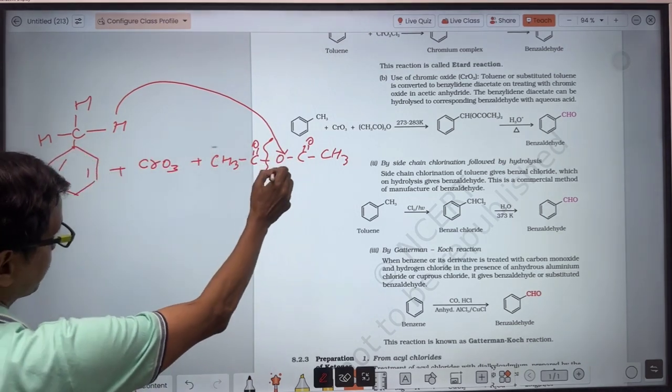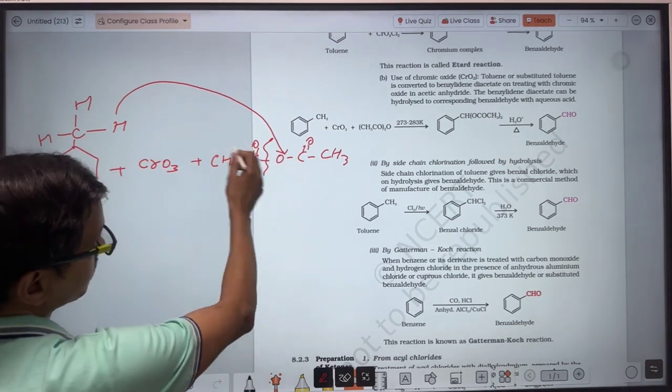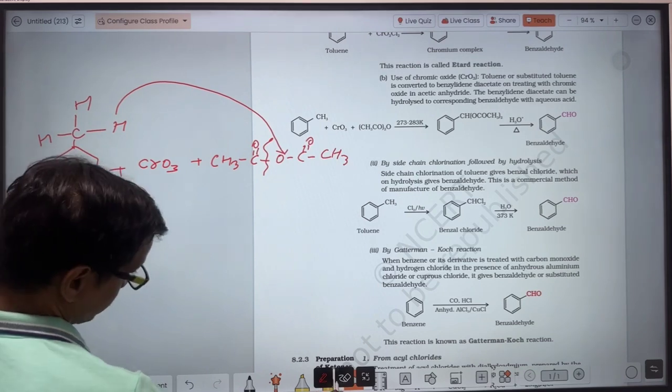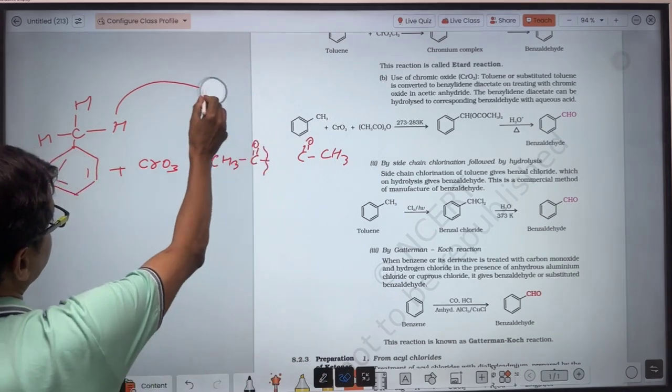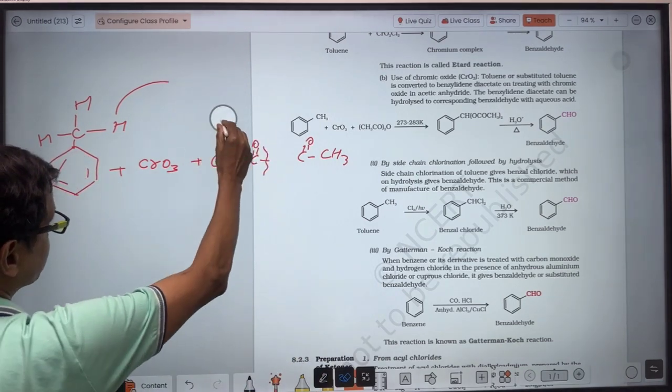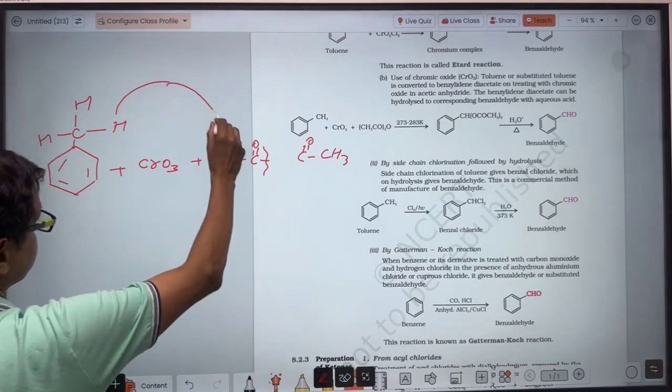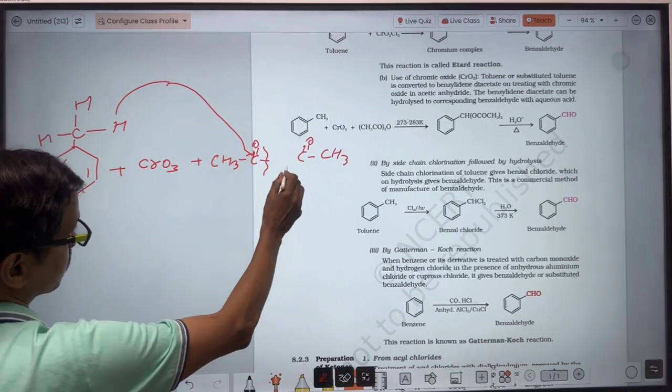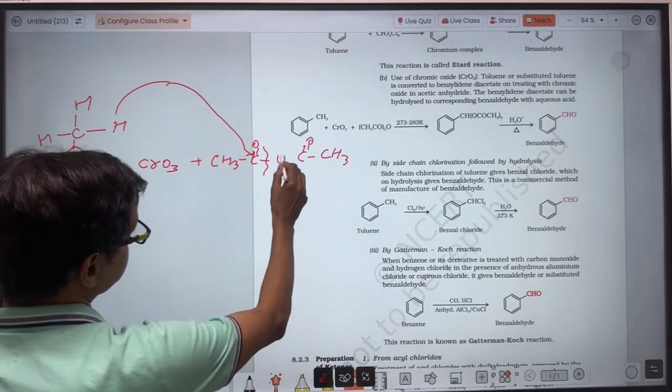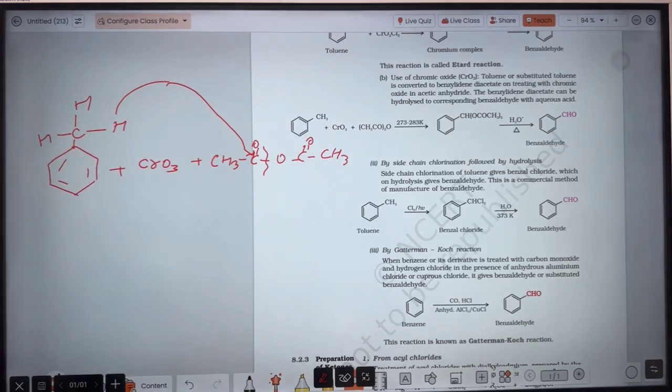and this oxygen from here will get bound to this side, not there. This will bond to this carbon. The bond will dissociate from here. So this oxygen will be bonded to this carbon.